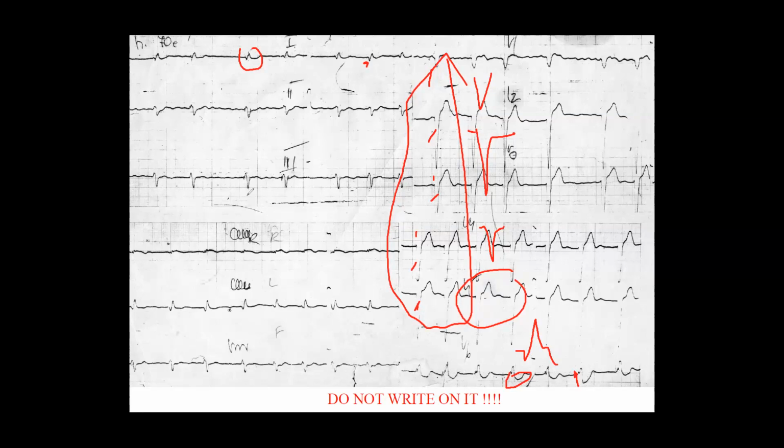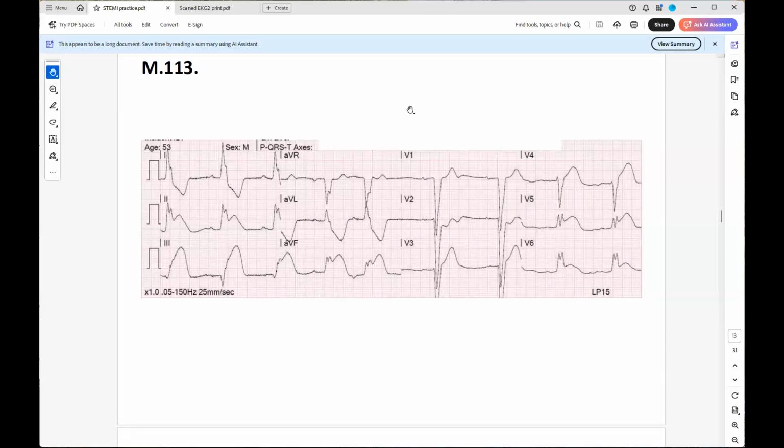And an extreme left deviation with left bundle branch block you can explain by the block. You don't have anterior or posterior, because left bundle branch block means both are missing completely.